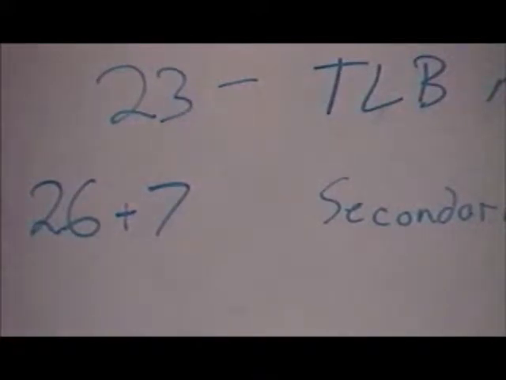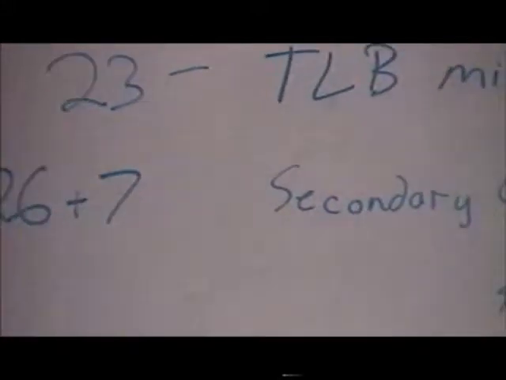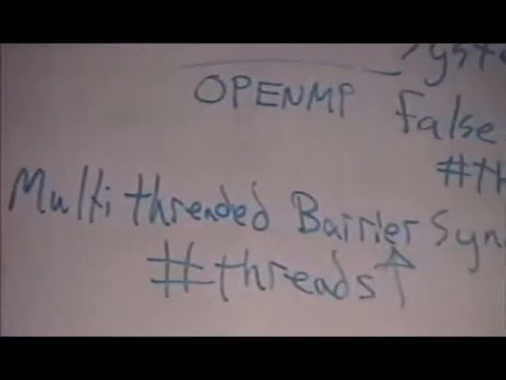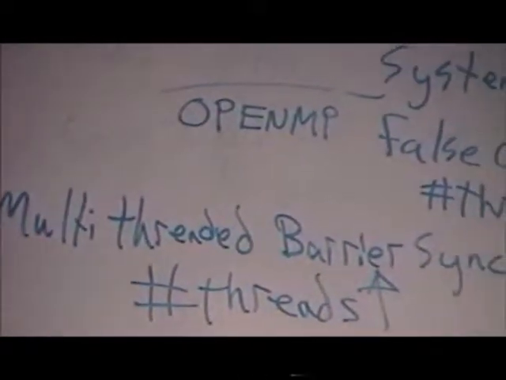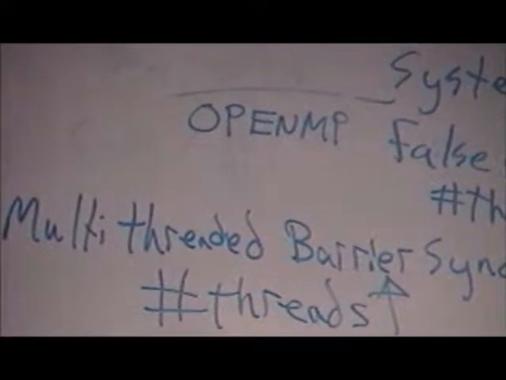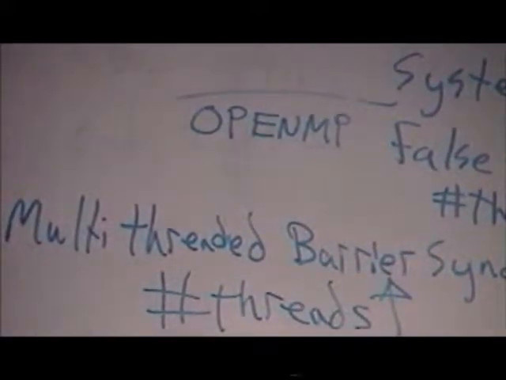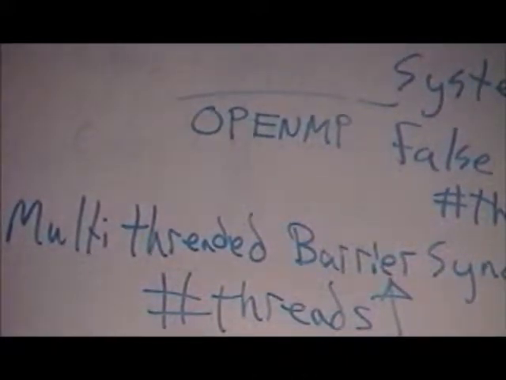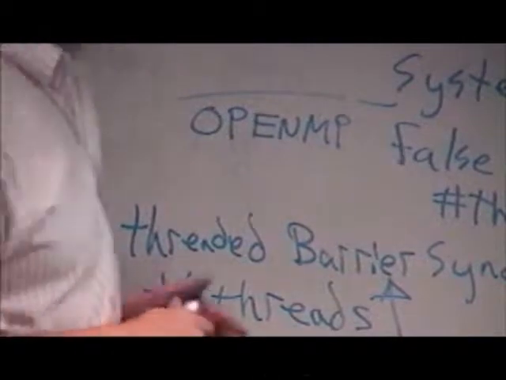Now, multi-threaded barrier synchronization is done through memory. So if I know that I'm multi-threaded, the event numbers that are going to be showing up are loads, branches, and stores. And I'm going to come back to this a little bit later. Depends upon how we do our barrier synchronization. But just to be sure, let's cover them all.